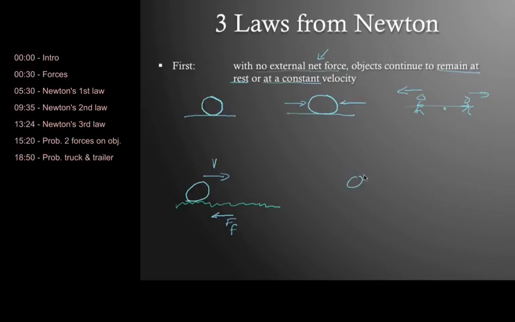We could throw a ball through the air, and what's happening is that the ball is actually hitting these air molecules and giving away its momentum to these air molecules. And that's what's slowing this ball down. So in each of these cases, there's some kind of net force which is slowing these objects down.